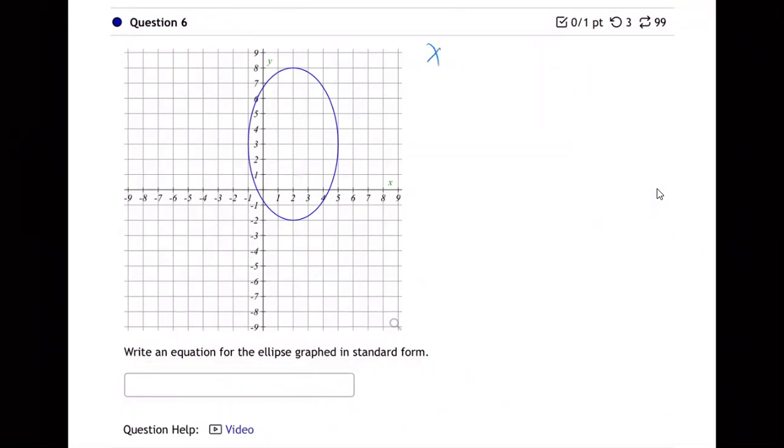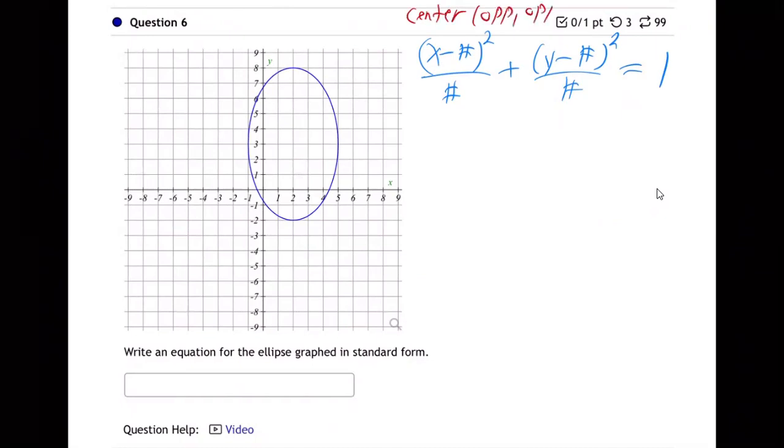It's going to be x minus some kind of number squared over some number plus y minus some number squared over some number equals 1. That's the general form. And then the center is opposite.